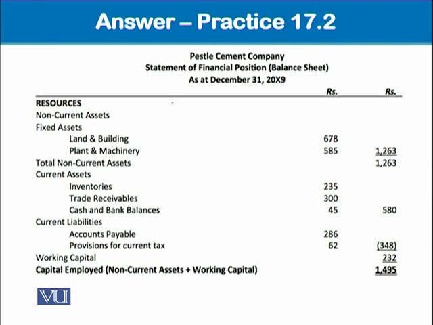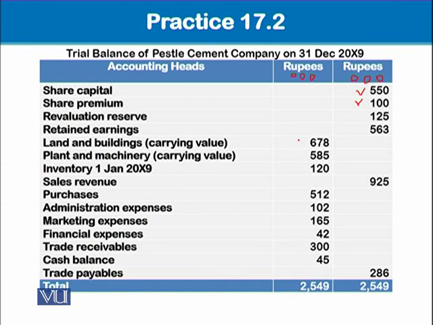Next comes the statement of financial position, which is also known as the balance sheet, and all these are rupees in thousand. Non-current assets are land and building and plant and machinery, which were appearing in the trial balance: 678 and 585.